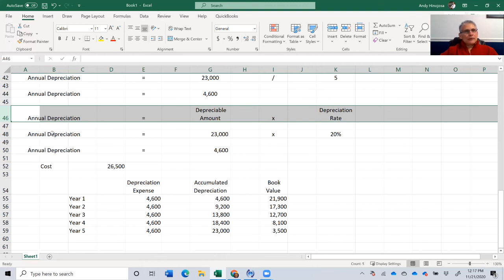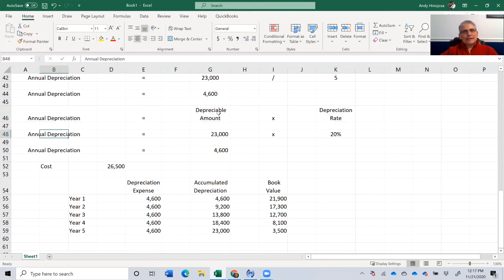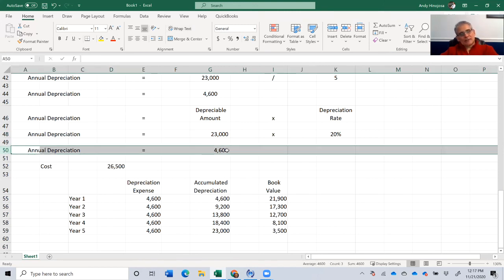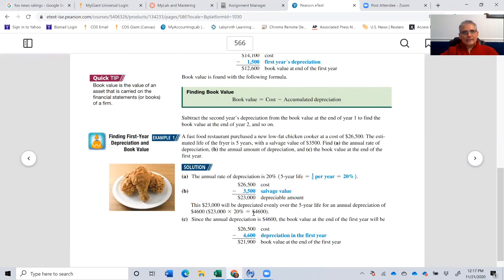So we figure out the annual depreciation by taking the depreciable amount of $23,000, that hasn't changed, but now we're going to multiply it by 20%. 23,000 multiplied by 20% gives us $4,600. So the annual depreciation is $4,600.